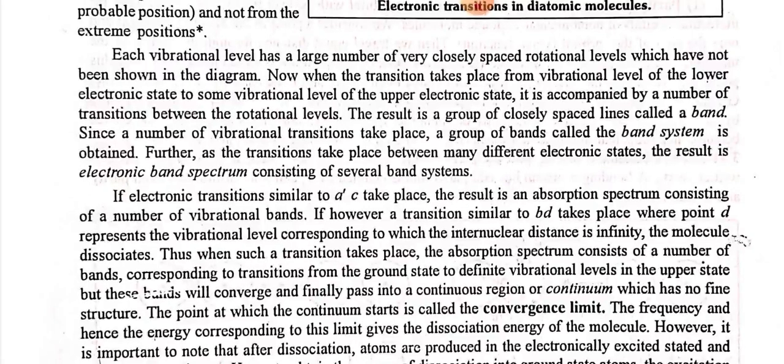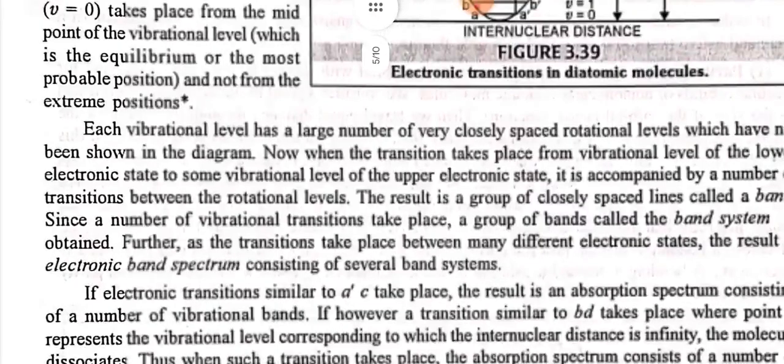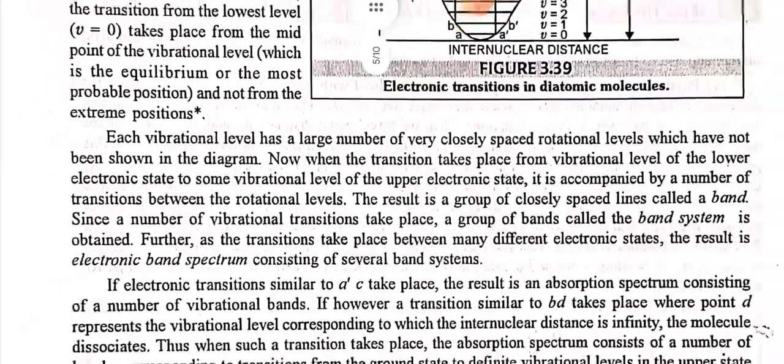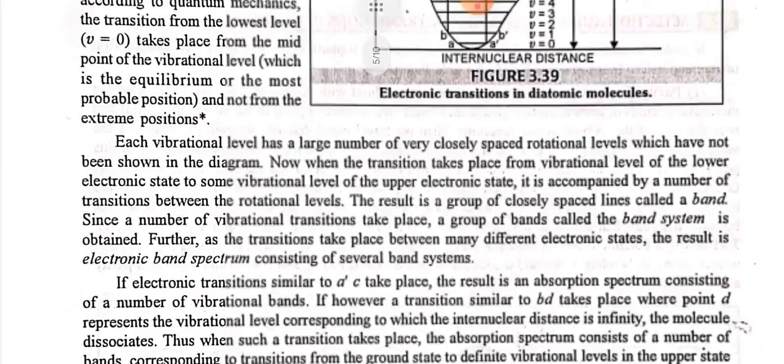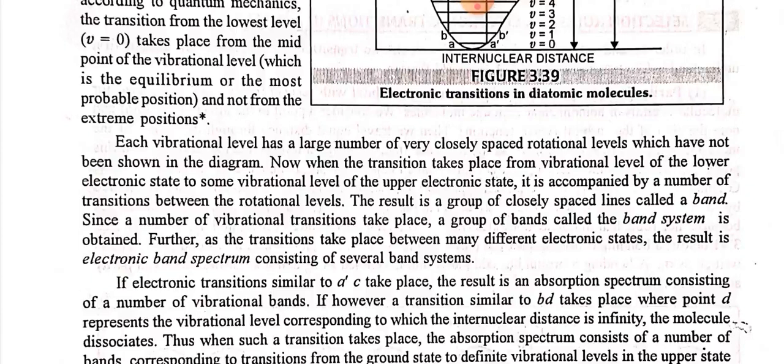Each vibrational level has a large number of very closely spaced rotational levels, which are shown in the diagram. Now, when transitions take place from vibrational levels of a lower electronic state to some vibrational levels of an upper electronic state, they are accompanied by a number of transitions between the rotational levels.